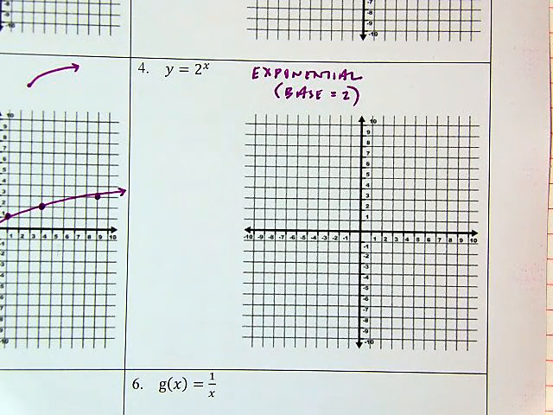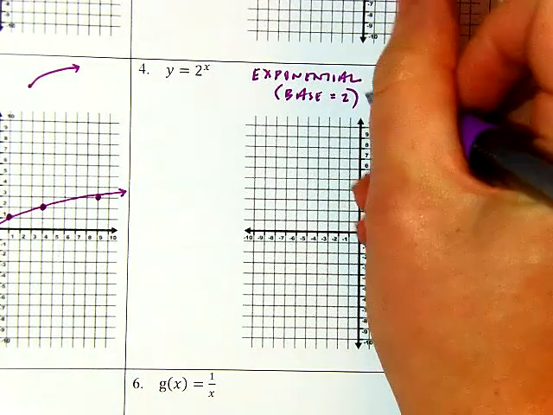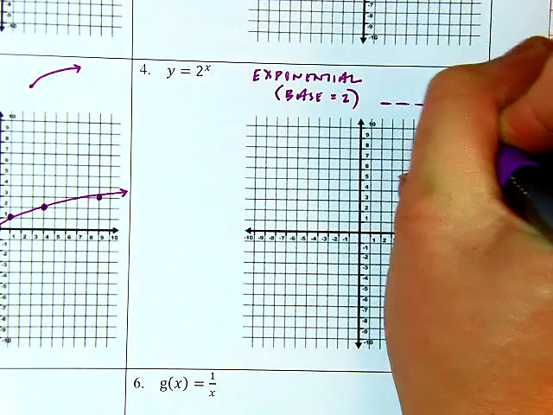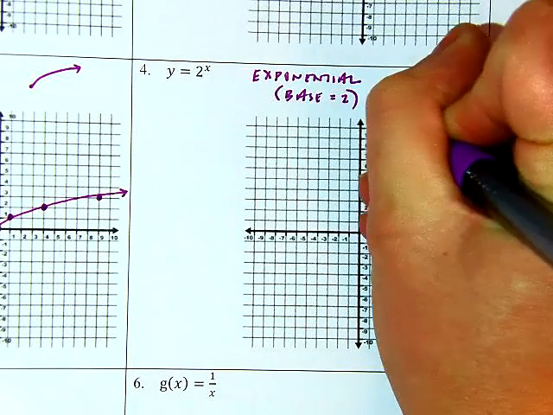Okay, if I had something that was more than 0 but less than 1, I would be looking at a decay example. I'm going to start you off with a really basic growth example. Okay, when I picture what happens when I look at an exponential function that is growing, I have an asymptote right here, this horizontal line.